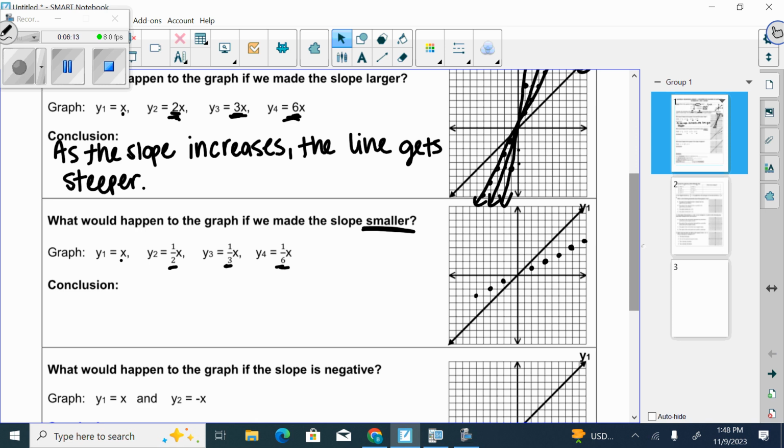So as you can see, this one does get a little bit flatter than the one before it. All right, the next function has a slope of 1/3, so it's going to go up 1 and over 3.